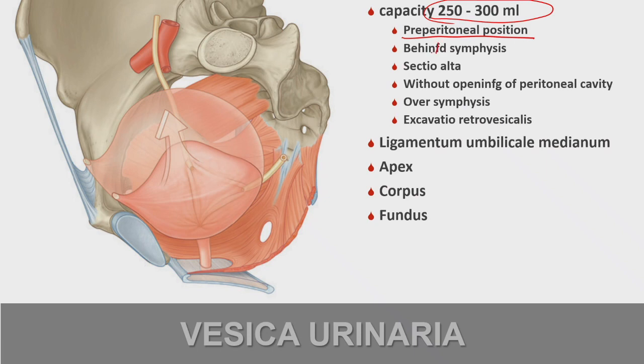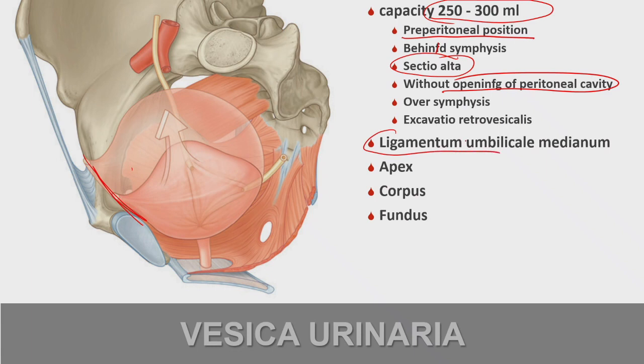It's localized behind the symphysis, and above the symphysis a section can be performed which is called sectio alta. The sectio alta is an incision of the abdominal wall, and preperitoneally, without opening the peritoneal cavity over the symphysis, you can open the urinary bladder.